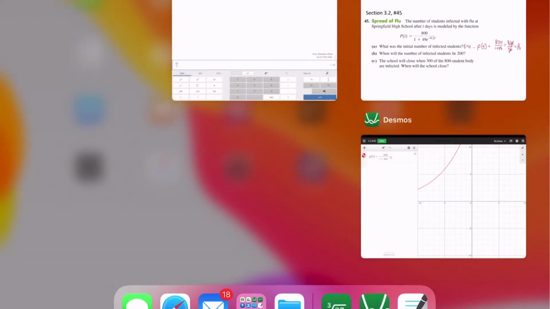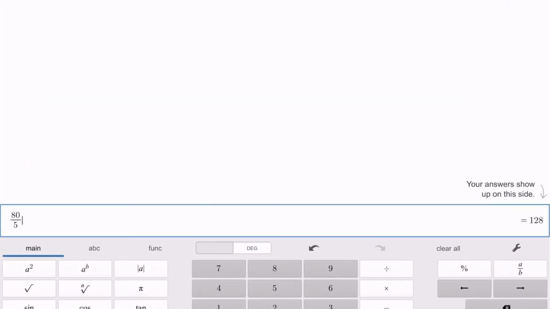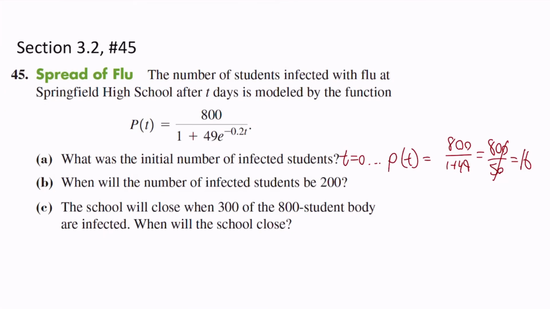I checked that out earlier. Let's go, 80, there it is. Divided by 5 is 16. Perfect. So 16 people were infected. Great. Now the next one's a solving. It says, when will the number of students infected be 200? Okay, so the infected students, this is how many people are infected, right?